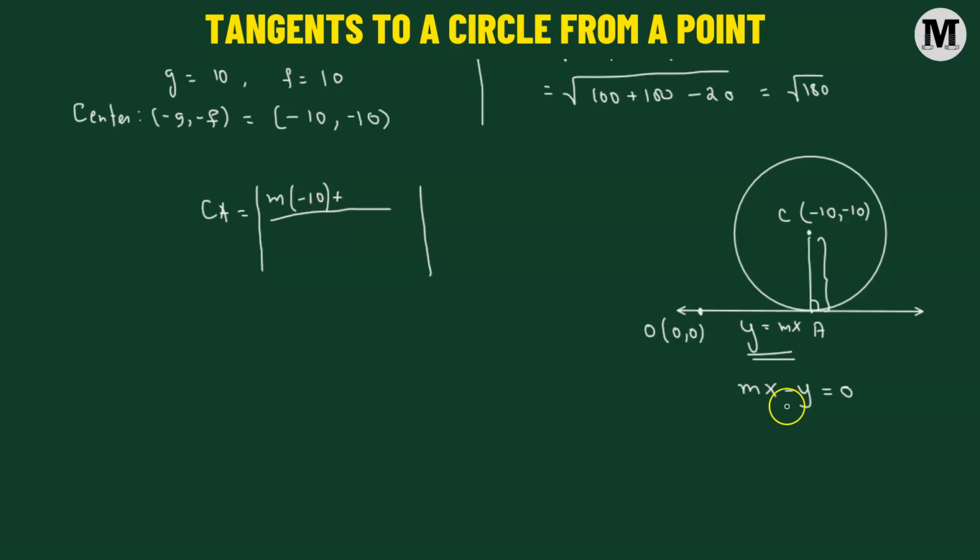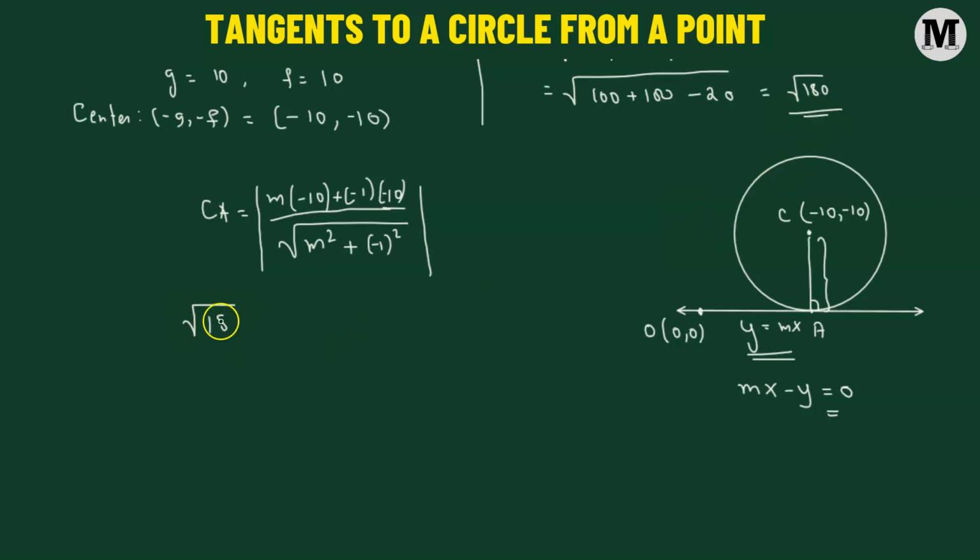Added to the coefficient of y, which is negative 1. This gets multiplied by the y coordinate of the center, that's negative 10. And then we add the constant value. Here there is no constant value, so this will be 0. This will be divided by the square root of the coefficient of x, that's m, squared, added to the square of the coefficient of y, so that's negative 1 squared. CA is nothing but the radius of the circle, so that's square root of 180.